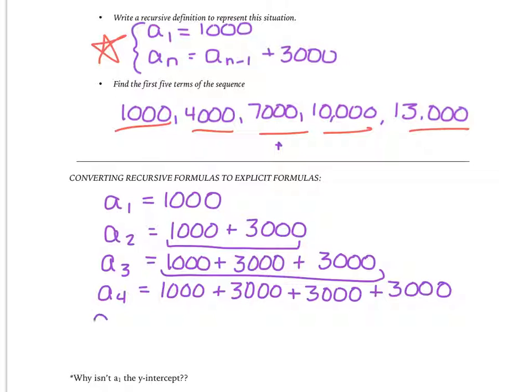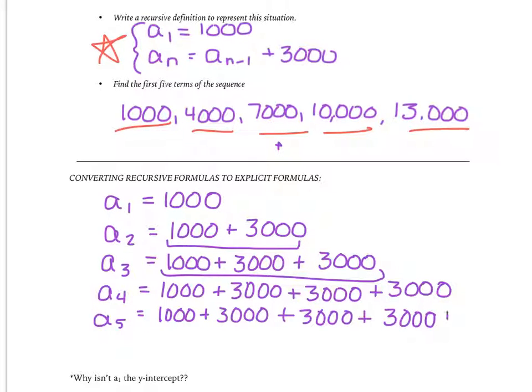And then for term 5, I'm going to take what I had in term 4, so 1,000 plus 3,000 plus 3,000 plus 3,000. So there's my term 4, and then to get my 5th term, I'm going to add yet another 3,000. Okay? And if you added that up, you would find that that equals your 13,000. Okay, this right here is 12,000. The 3,000s all put together is 12,000 plus 1,000 is 13,000.